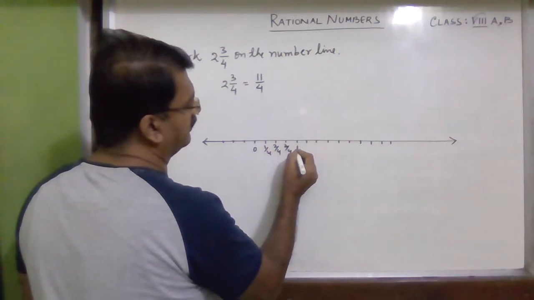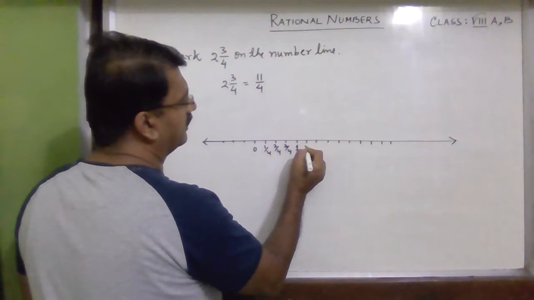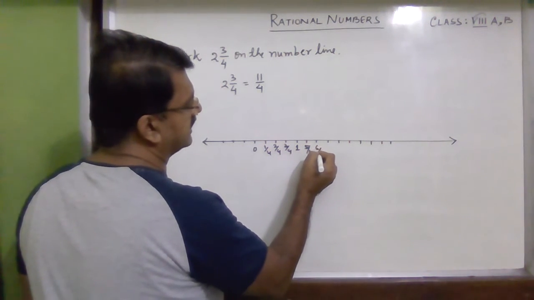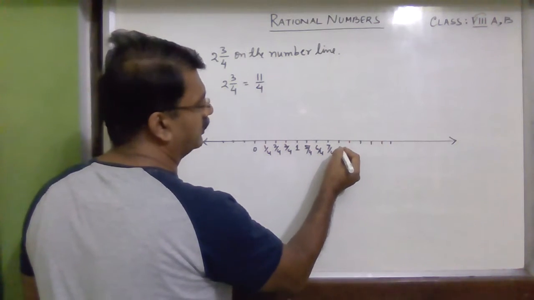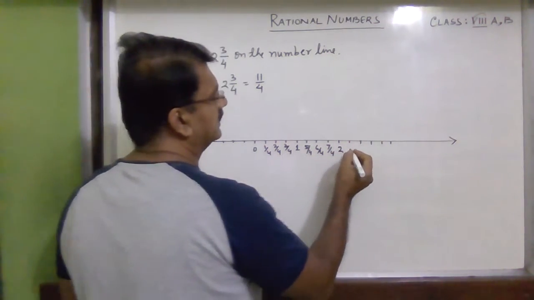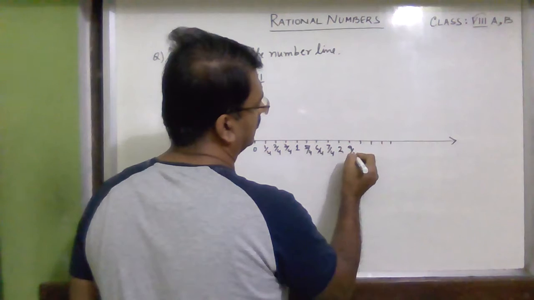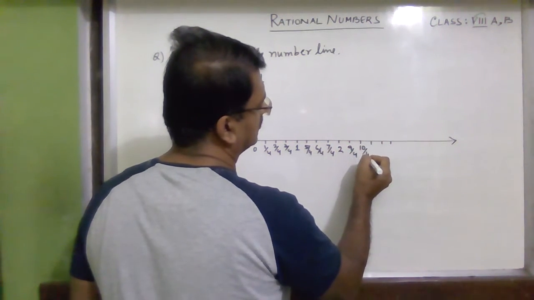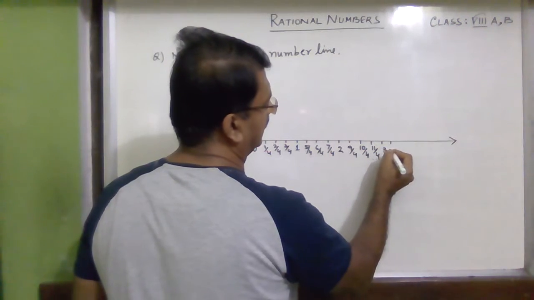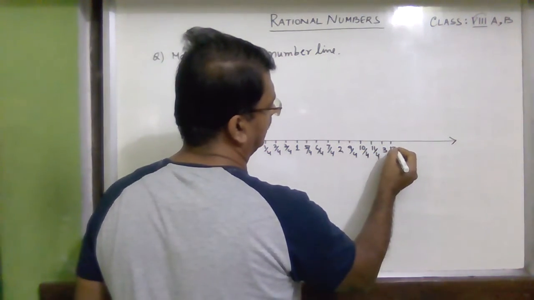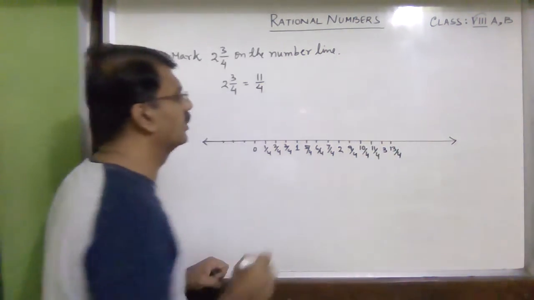Then instead of 4 by 4, you write down 1. Then 5 by 4, 6 by 4, 7 by 4. Instead of 8 by 4, you write down 2. Then 9 by 4, 10 by 4, 11 by 4. Instead of 12 by 4, you write down 3. And then 13 by 4 and so on.